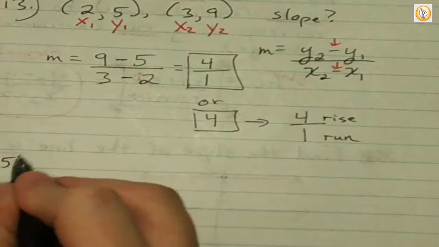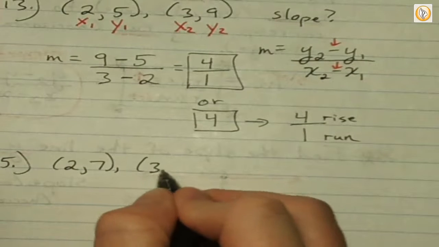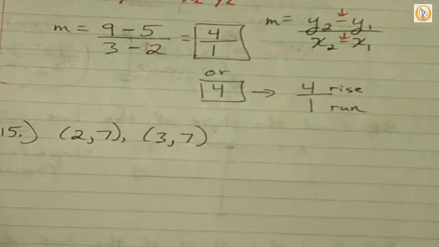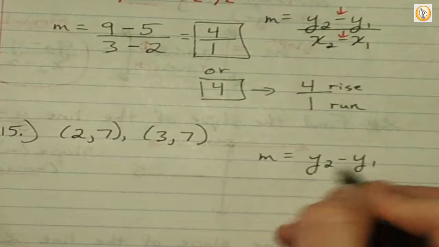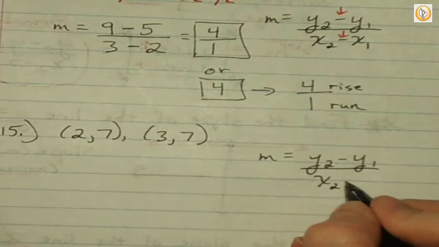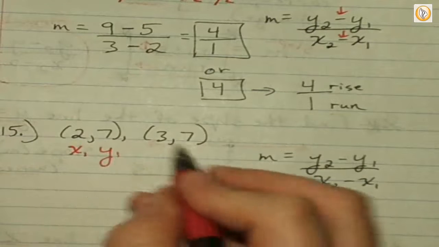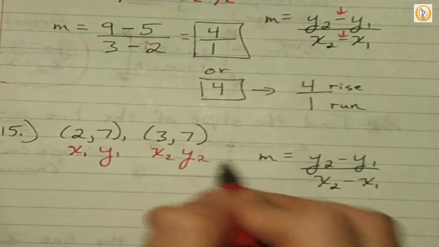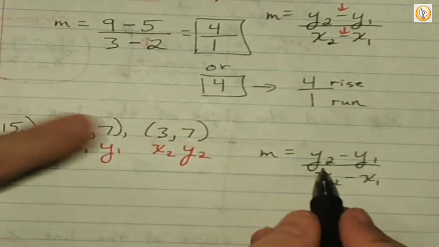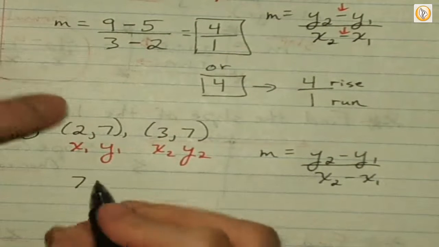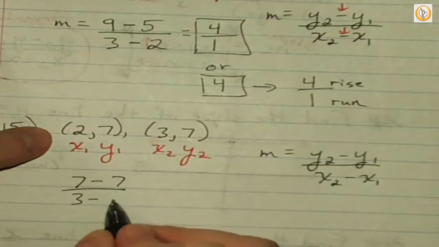All right, let's look at 15. They have 2 and 7, 3 and 7. Here's my formula. I'm going to write x1, y1, x2, y2. So then my y2 is 7, y1 is 7, x2 is 3, x1 is 2.